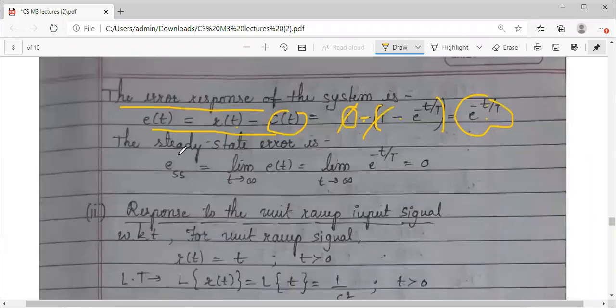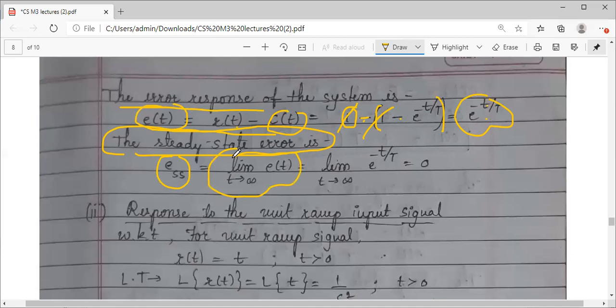Okay, how will you find this error signal? Steady state error, after which there is no change. This steady state error, ESS, is given by whatever error you have got, apply it with the limit as t tends to infinity. So this is how we will be looking into details of the different types of errors.